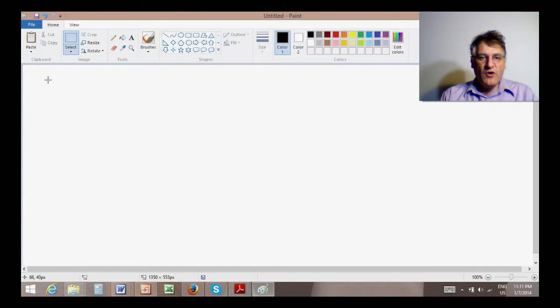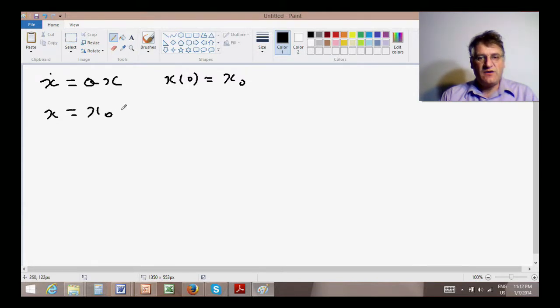Probably most of you know how to solve the following differential equation. x dot is equal to a times x, and x of 0 is equal to x0. The answer is x equals x0 e to the at. Okay, that's standard DFQ.